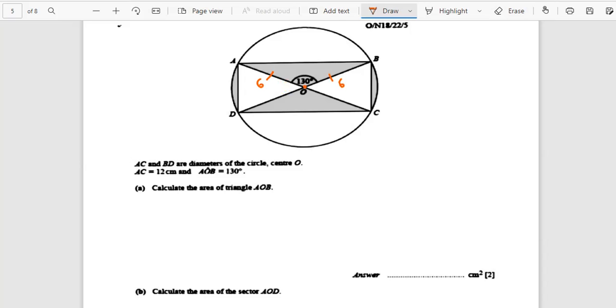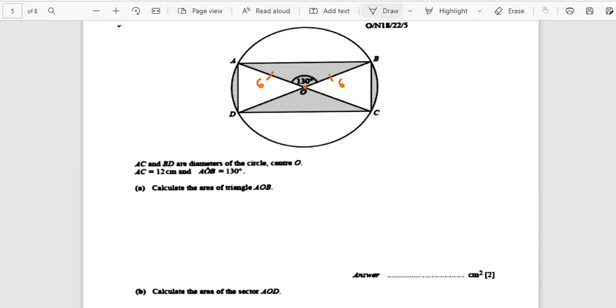Okay. Now this time around, as I told you earlier as well, this is basically a triangle, but it is not the right angle triangle and we do not know this length. So it's better to use the formula directly that I've just shared with you.